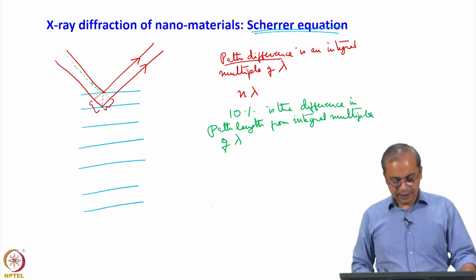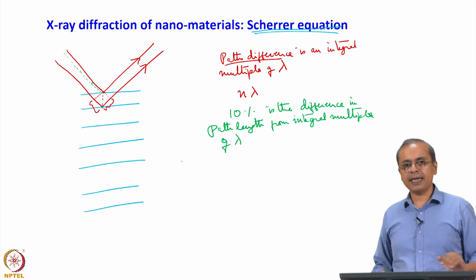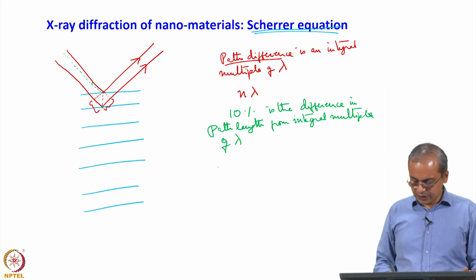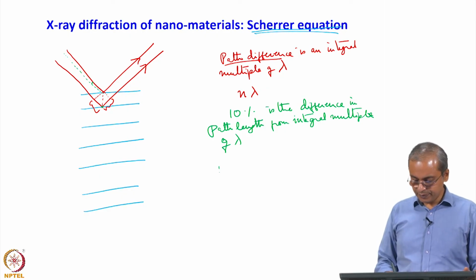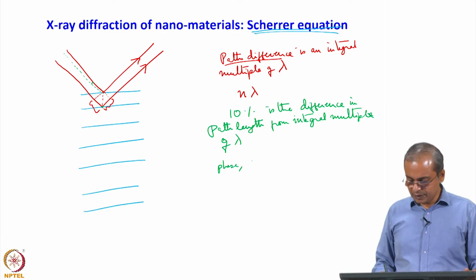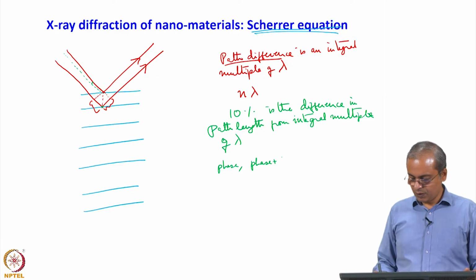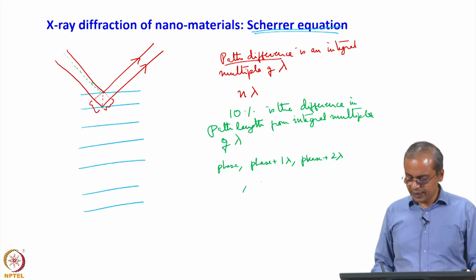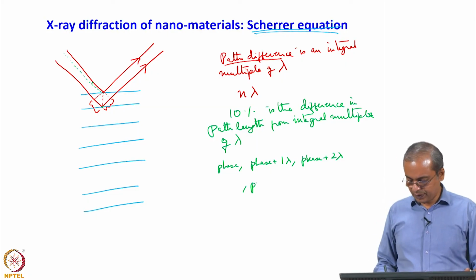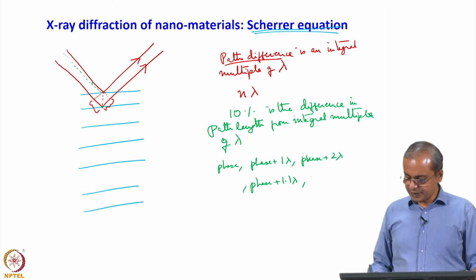What do we mean by that? It means that previously, at exactly the Bragg condition, the first wave from the topmost plane comes out with one phase, the second plane is that phase plus 1 lambda, the third plane is phase plus 2 lambda, and so on. Now, if it is 10% off, from the second plane you are getting the phase of the first reflection plus 1.1 lambda, and from the next plane you are getting phase plus 2.2 lambda, like this.